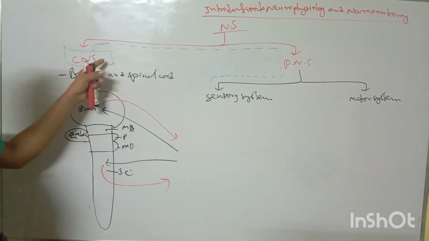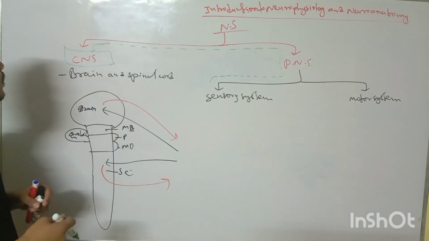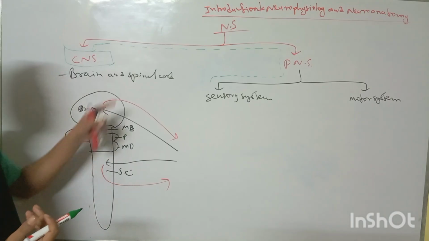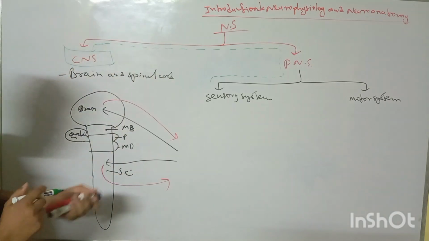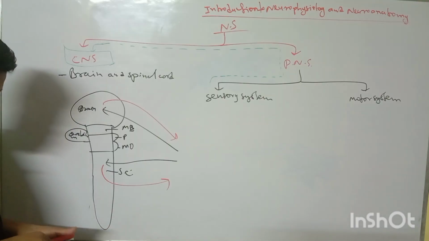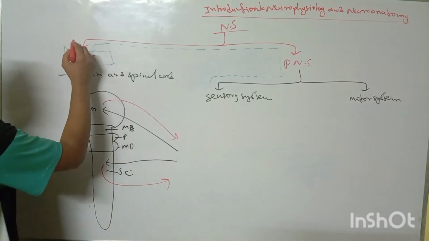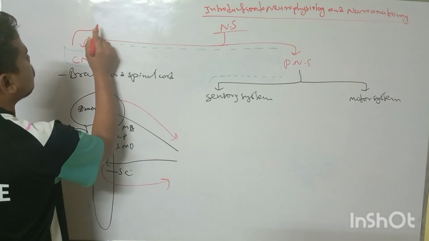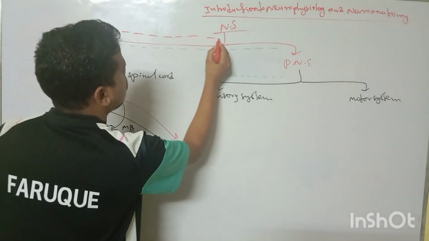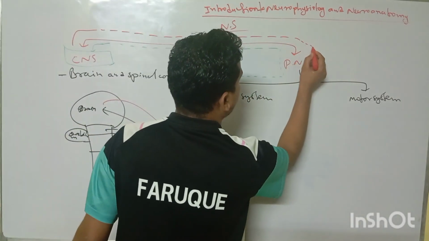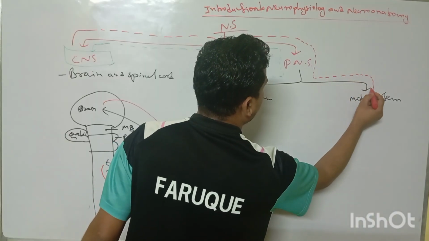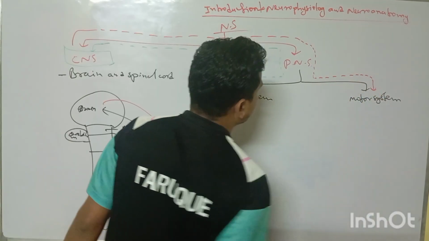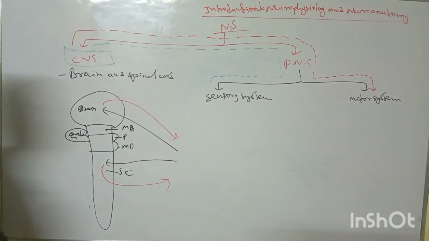Now after comparing, contrasting and integrating the information, it will send the response as a motor system, which will be shown by the red mark as usual.